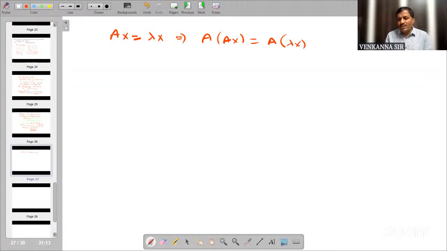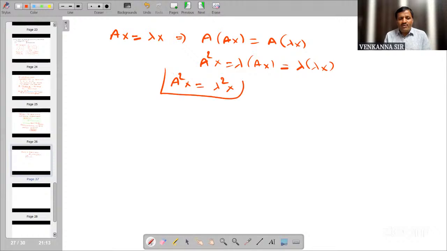Observe this explanation clearly. A into Ax is A square x. Lambda is kept aside, lambda into Ax. What is Ax again? Ax equals lambda x. So lambda into lambda x. A square x equals lambda square x.